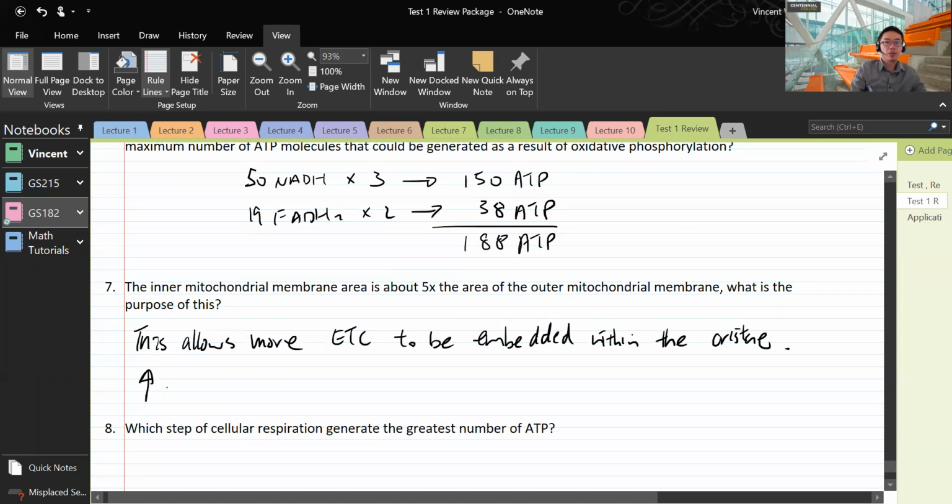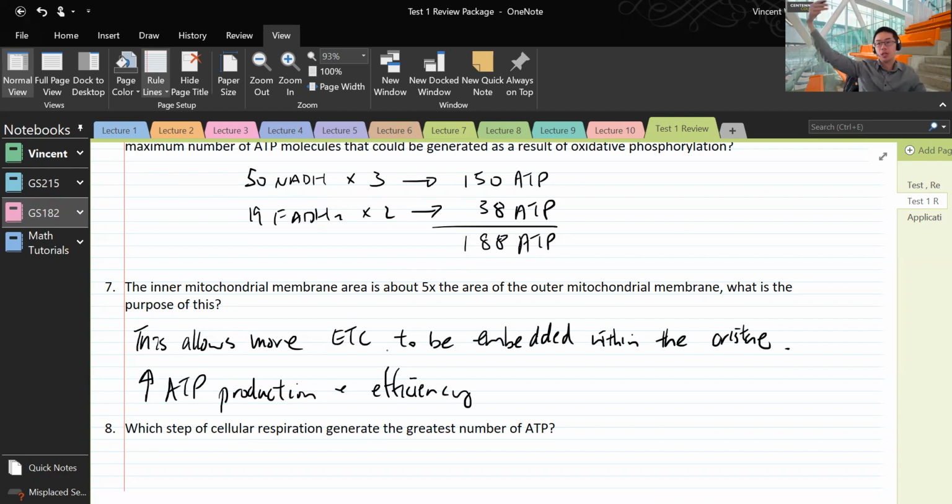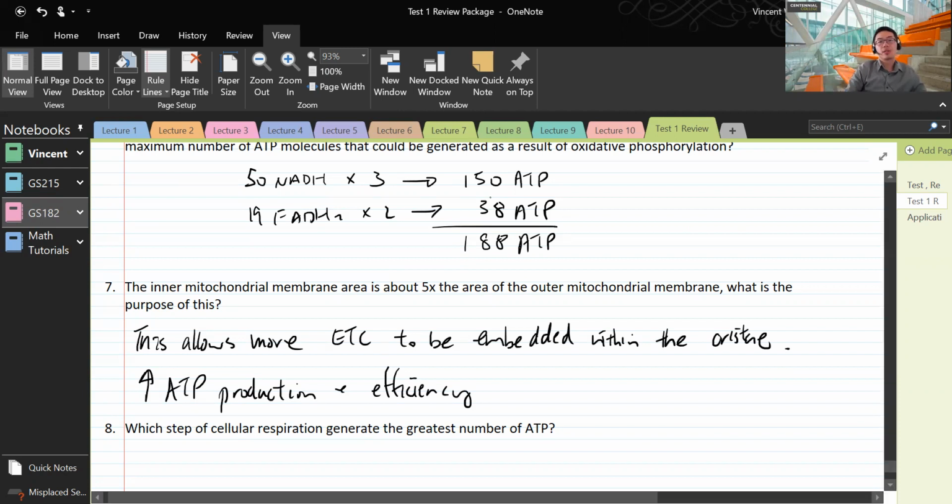More ETC will increase ATP production and efficiency. Okay, you don't want an NADH to be waiting around for the ETC to free up. By having more options, if this one is not available, you can drop the electron at another one, right? And so by having a lot of ETCs and fitting it all in the cristae, you increase ATP production and efficiency.